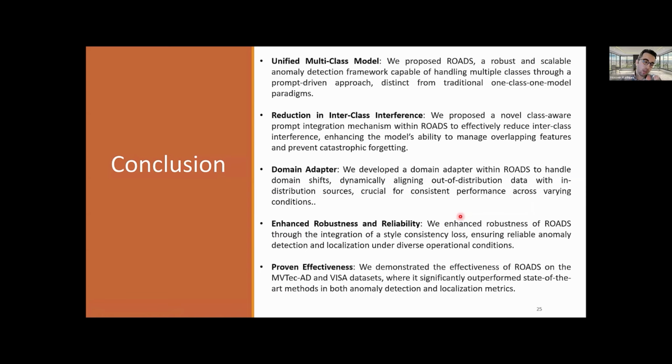So in conclusion, our paper is based on reverse knowledge distillation. We add two novelties to this baseline. First of all, we make it an all-in-one anomaly detector that works for different types of anomalies, and we do not necessarily need to save different weights for each class.